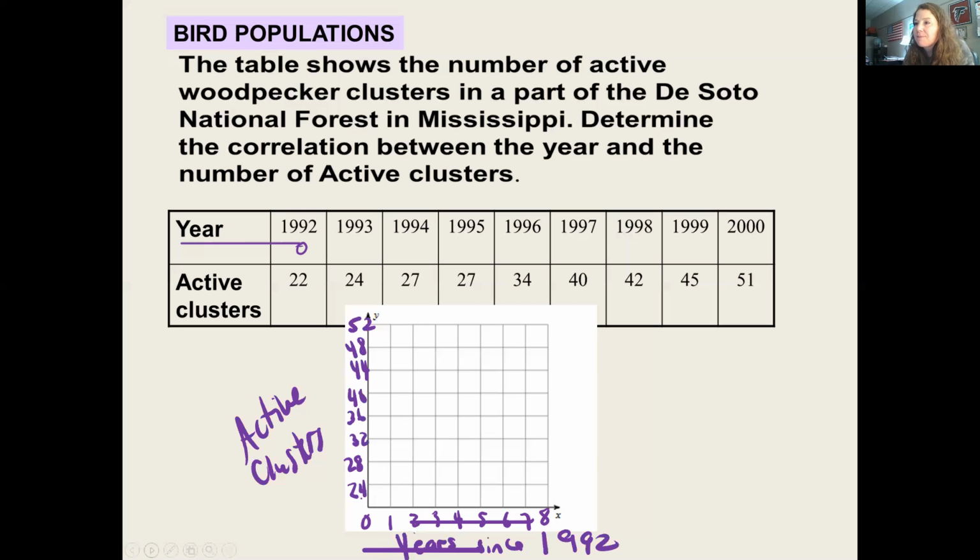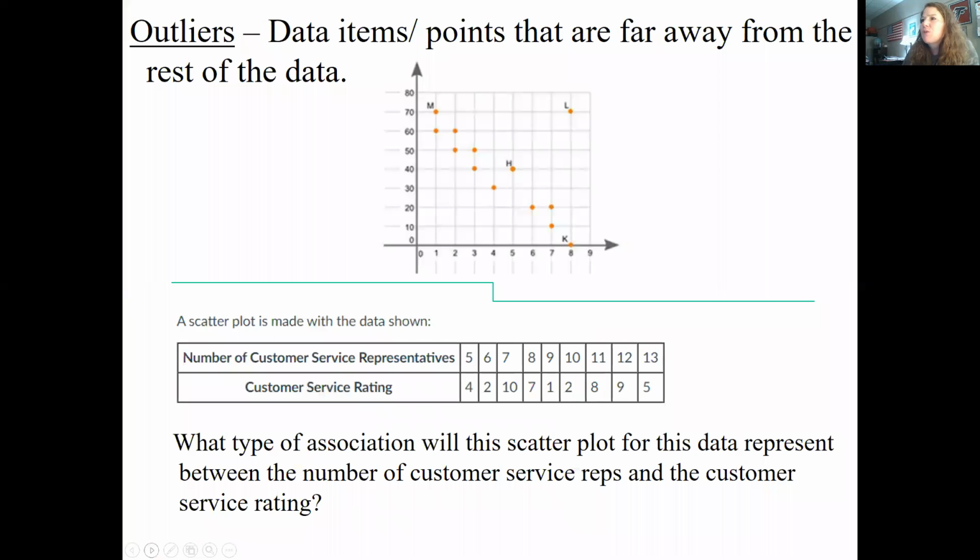All right, guys? All right, now sometimes you have all of this data that's pretty close together, and then you have a number that's far away from the other set of numbers. So that would be your outlier right here. So when you do your line of best fit, you want to be aware of your outlier, but you don't want it to influence your entire line of best fit.